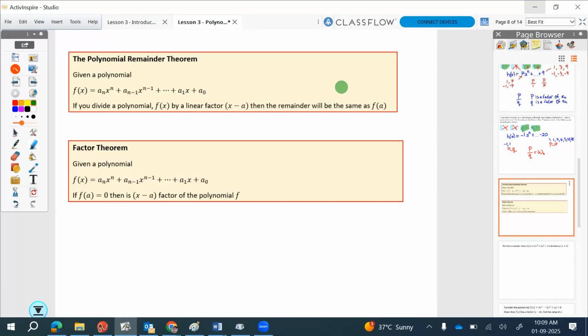So the factor theorem tells us that for any polynomial, f of a is going to be 0. There'll be no remainder when you divide by a factor which has a root in it. So this one's really useful for us. We can use the factor theorem, the fundamental theorem of algebra and the polynomial remainder theorem to find roots quickly for higher degree polynomials.